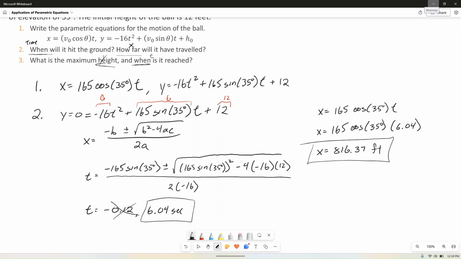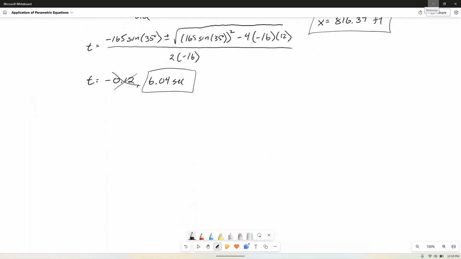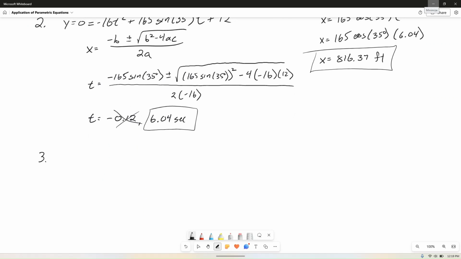Okay, so the key here is remembering that, again, we have a quadratic equation. So my quadratic height equation is y equals negative 16 t squared plus 165 sine of 35 degrees times t plus 12.